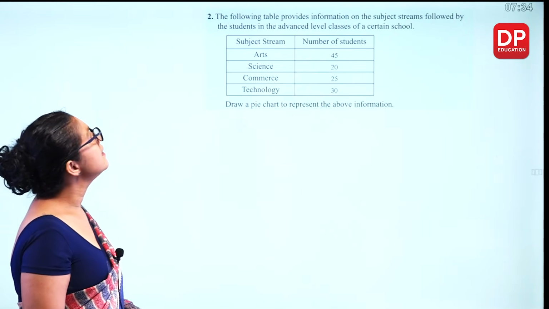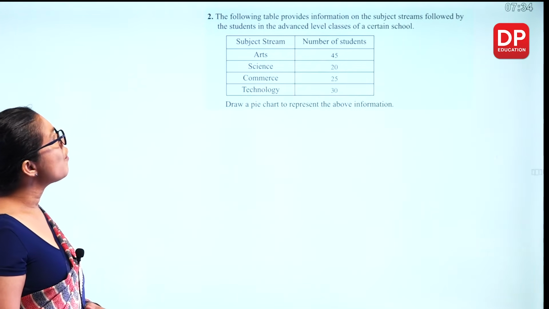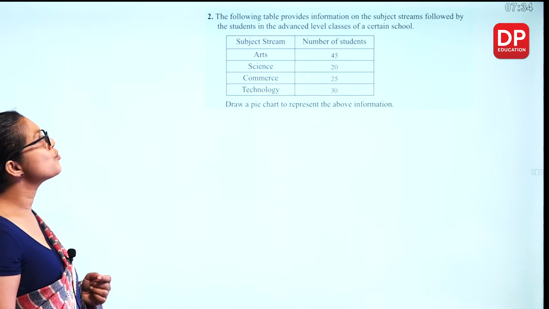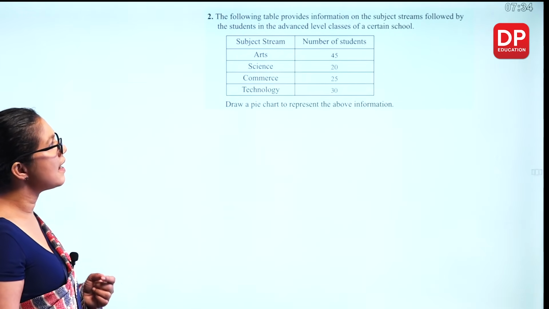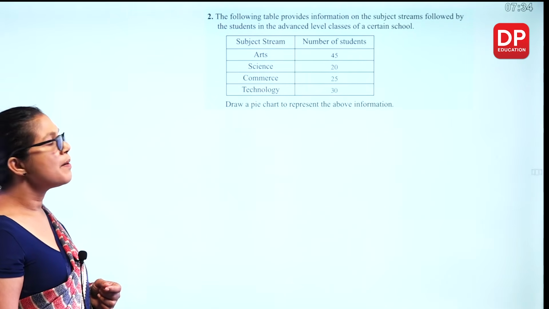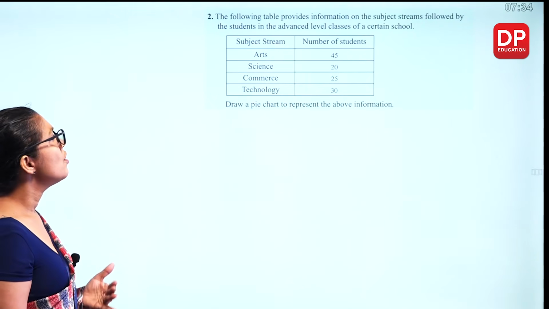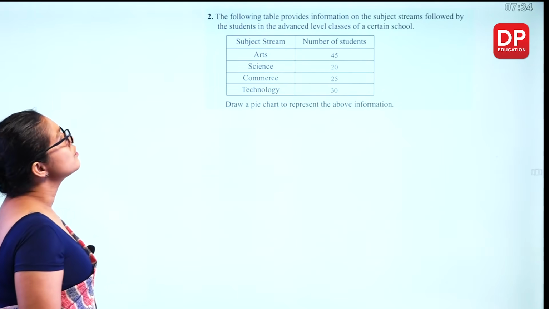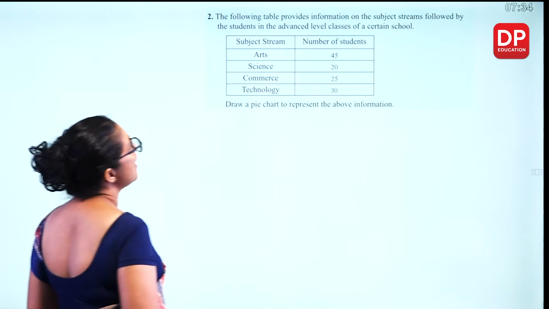Now we'll look at the second question. It says the following table provides information on the subject streams followed by the students in the advanced level classes of a certain school. Draw a pie chart to represent the above information. Again, first thing we need to find out the total. So we'll add and find the total.